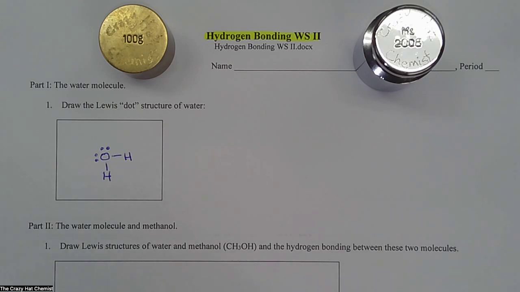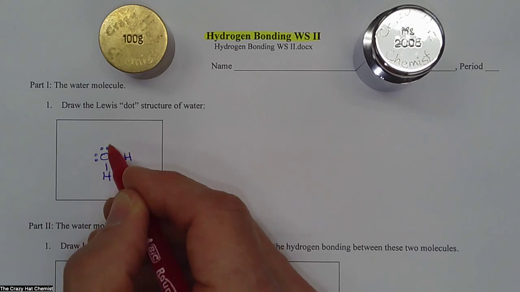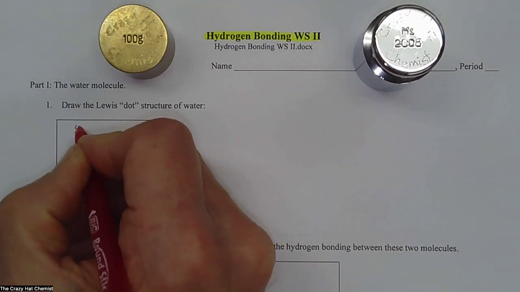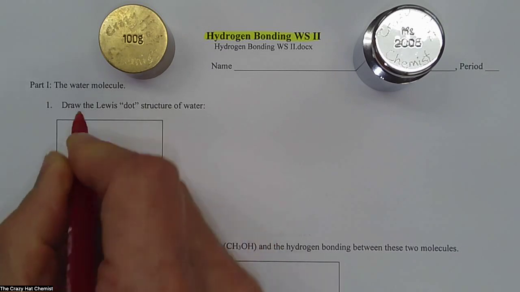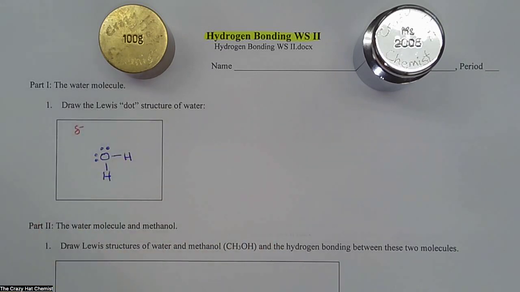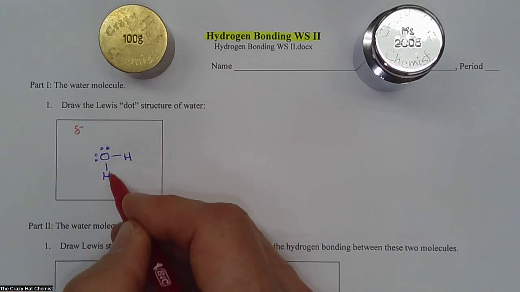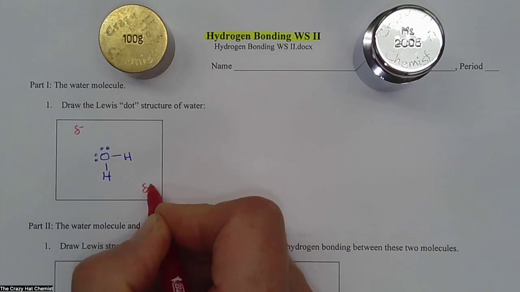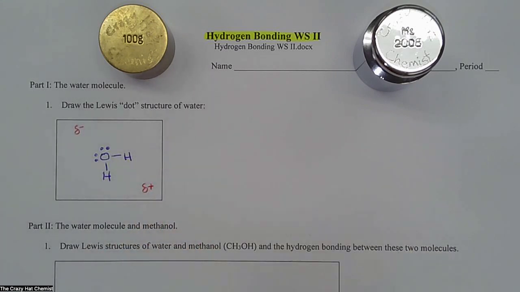That is, oxygen is more electronegative than hydrogen. Therefore, oxygen has a partial negative charge to it. This is a lowercase delta, the Greek letter delta. And then this end of the molecule where the hydrogens are, they're more electropositive, so that's going to have a positive end.